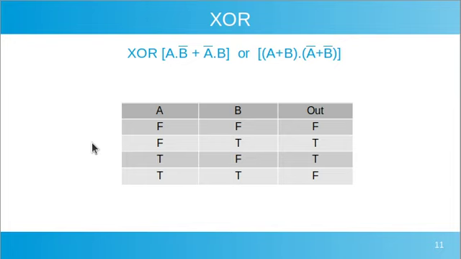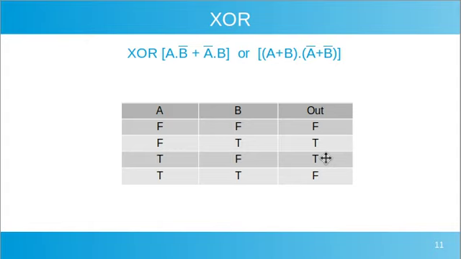The XOR operation is A and B not plus A not dot B. It can be derived as A plus B and A not plus B not. So here the output will be false if both of the inputs are the same, that is false false or true true. If the inputs are different, if the inputs are opposite, then the output will be true.